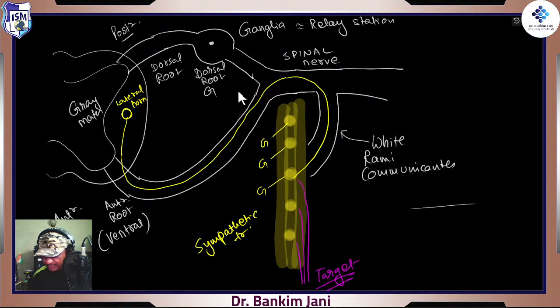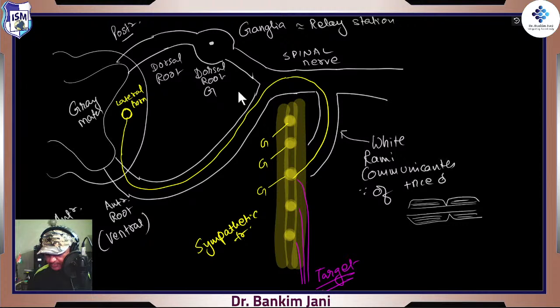You know that in nerve fibers there is this myelin sheath, which increases the conduction and at the same time gives protection to those electrical impulses. It also increases the speed to almost 75 meters per second. So that is myelin. Because of the presence of myelin, this looks white. So this is the white rami communicants.